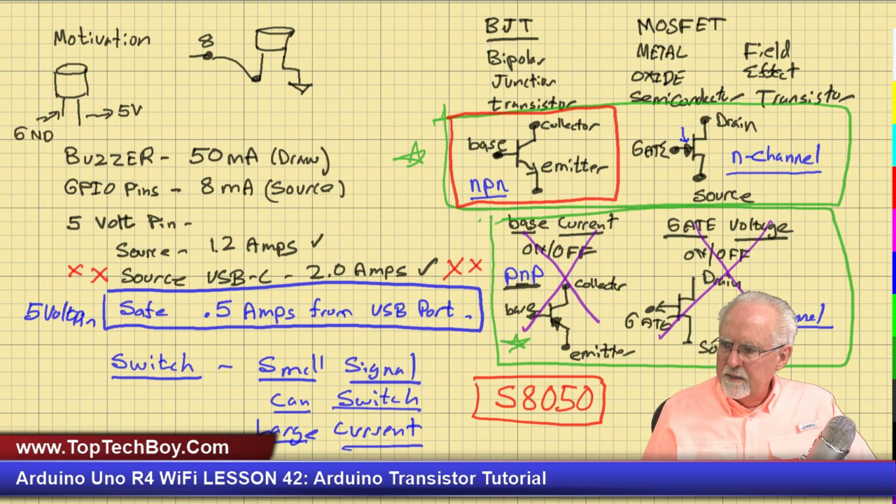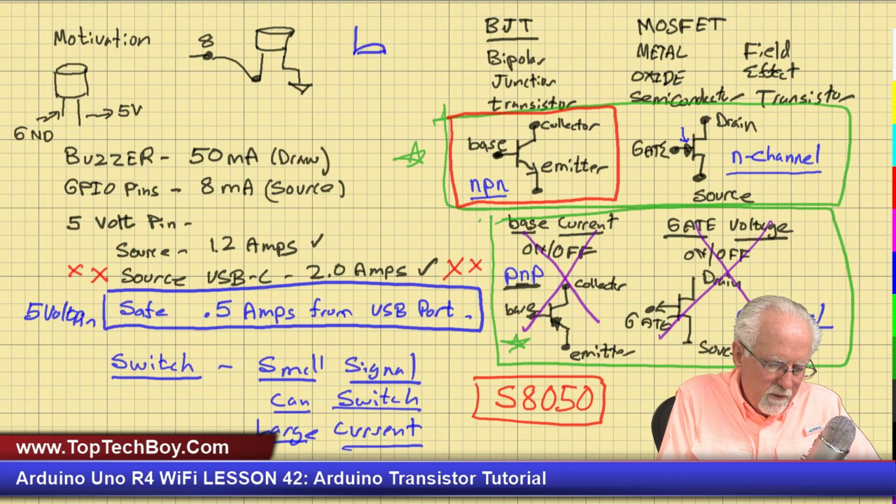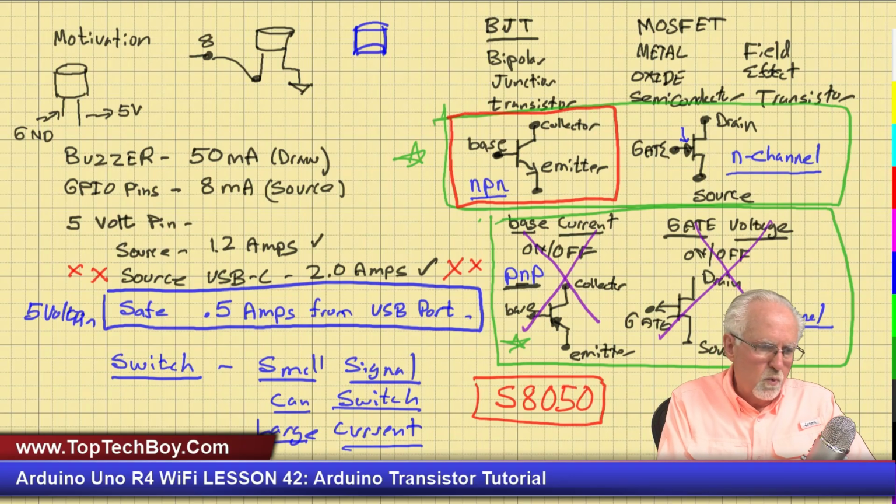Now, the other thing I need to show you is how the pinout works on these things. For the transistor, we've got the flat side, and then we've got the semicircle like this. Notice how I've drawn this with the flat side pointed towards me.